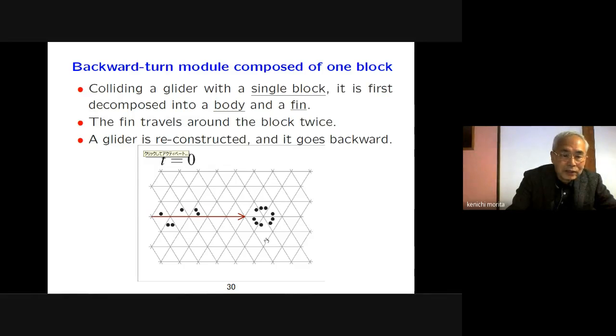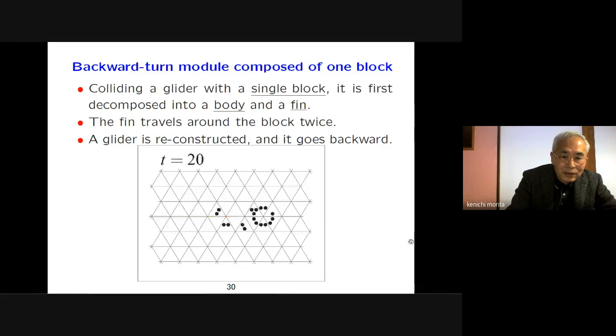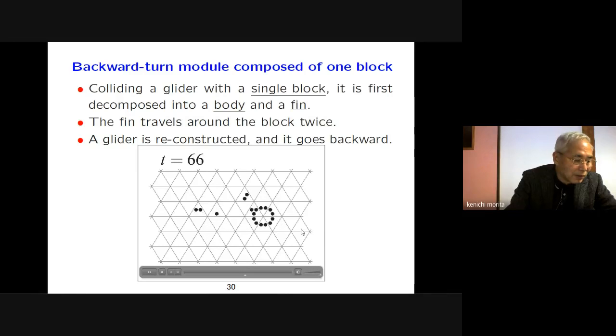Colliding a glider with a single block like this, it is first decomposed into a body and a fin. And the fin travels around the block twice. Then a glider is reconstructed like this, okay?